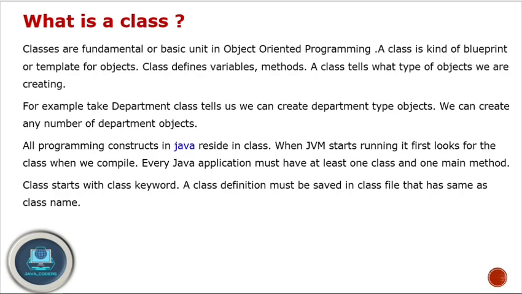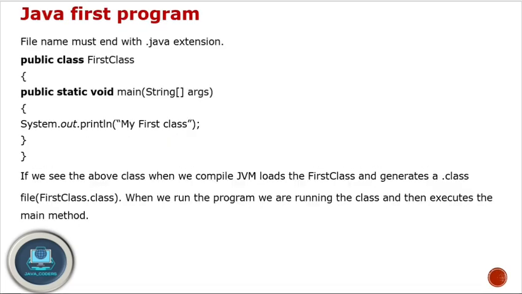All programming constructs in Java reside in a class. When JVM starts running, it first looks for the class. Every Java application must have at least one class and one main method. A class starts with the class keyword. A class definition must be saved in a file that has the same name as the class name. Java first program: the file name must end with .java extension.